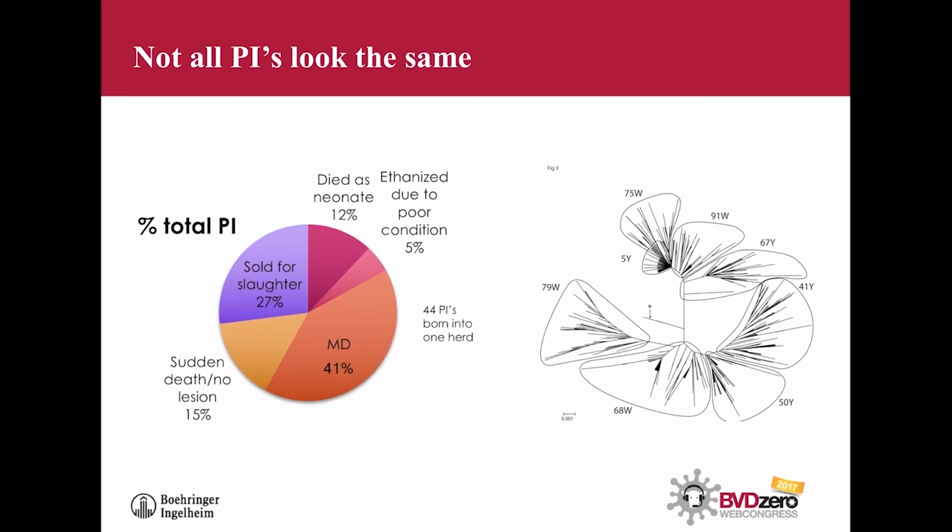The next slide also, remember I said a little bit before that we have a lot of variation in the immune response. When we look at an outbreak of PI animals, we'll see some PI animals that definitely look like there's something wrong with them. They have poor conformation, they have malformed skulls, the eyes are not in the right position, the coat quality's bad, they're smaller than their cohorts.